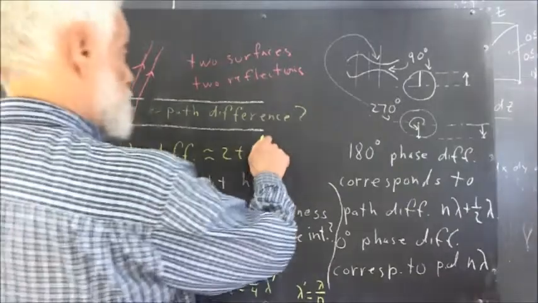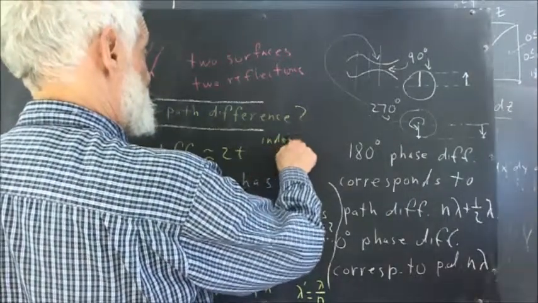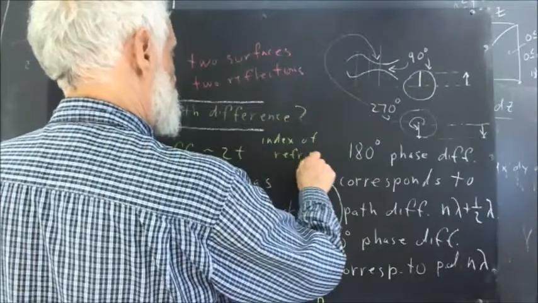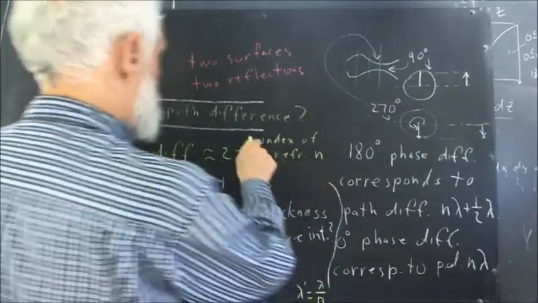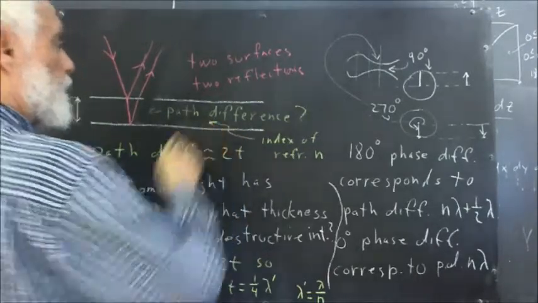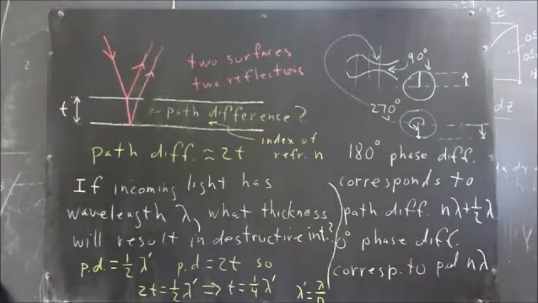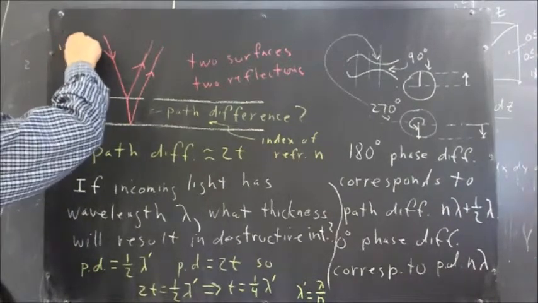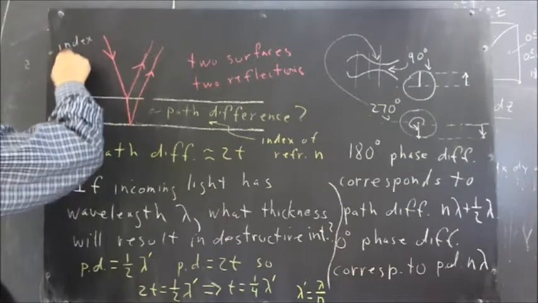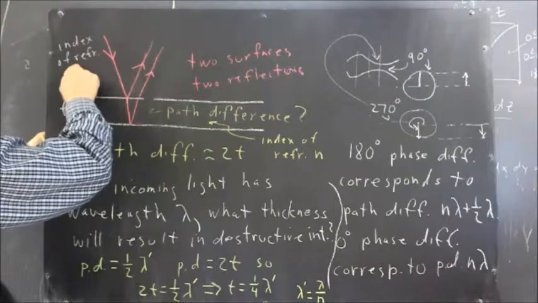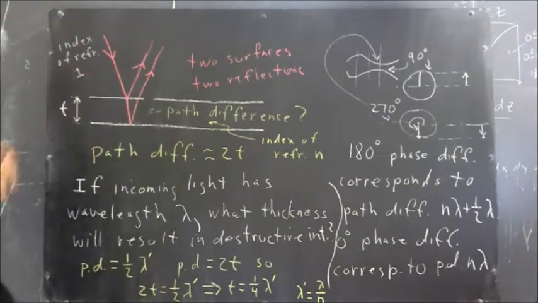So index of refraction is going to be n in this material, and we assume that the index of refraction out here is 1.